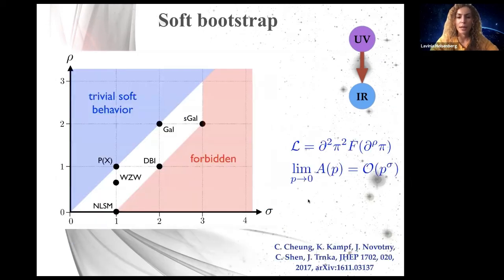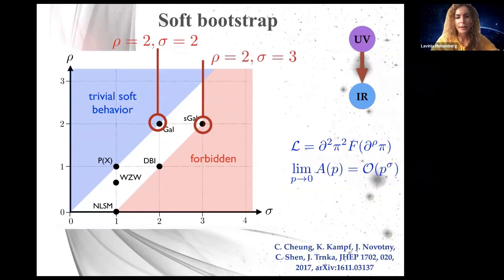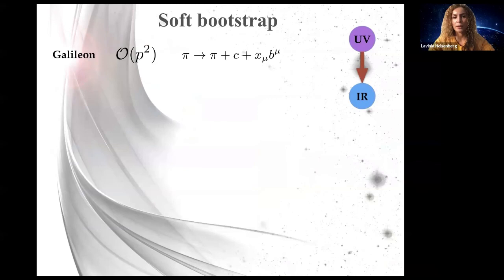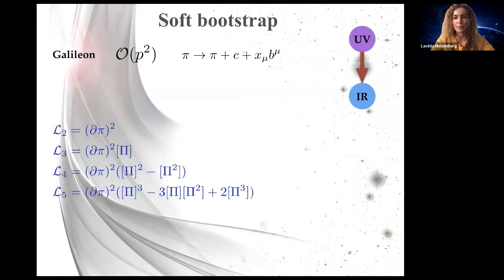Here is an example taken from this paper, where you can characterize all the different scalar theories depending on their soft behavior, rho here versus sigma. You see the Galileon sits here with rho equals 2 and sigma equals 2. And actually, there was a special Galileon recovered by applying this bootstrap program, with a better soft behavior, with sigma equals 3. Let me mention that one. If you have the Galileon theories, you have this invariance under the Galileon symmetries.